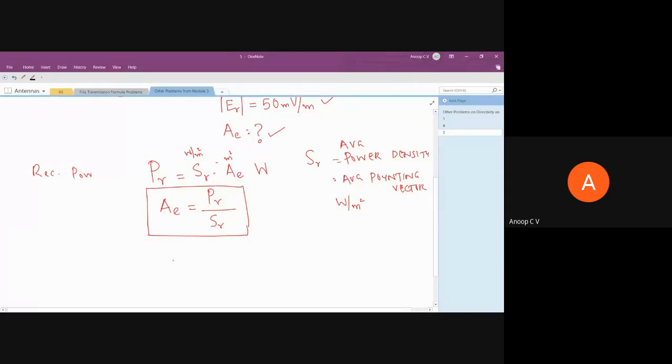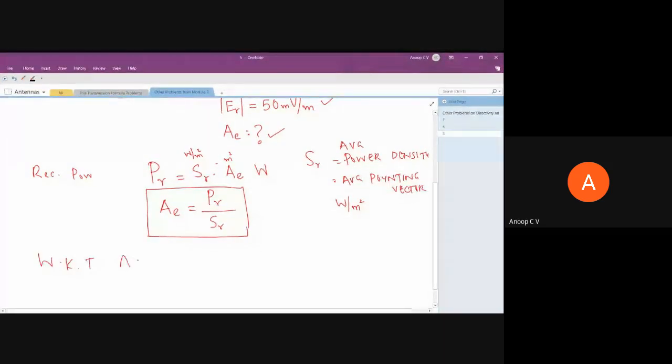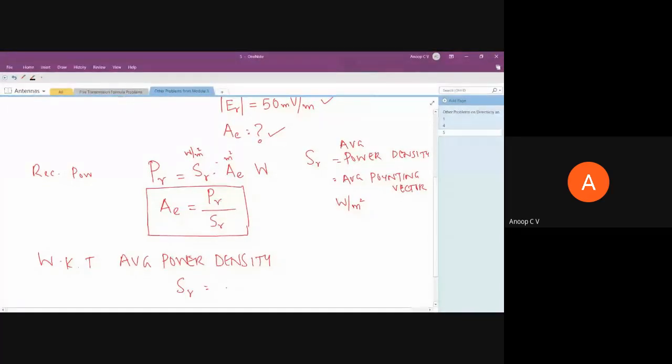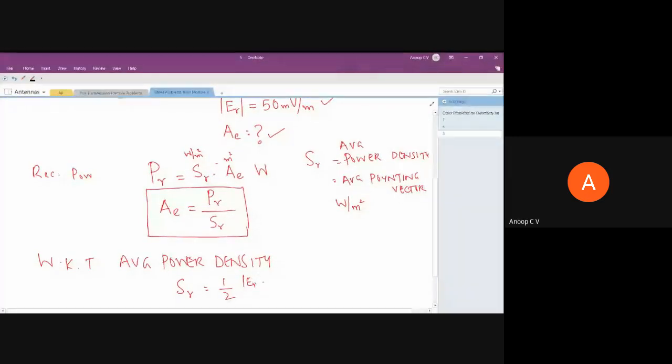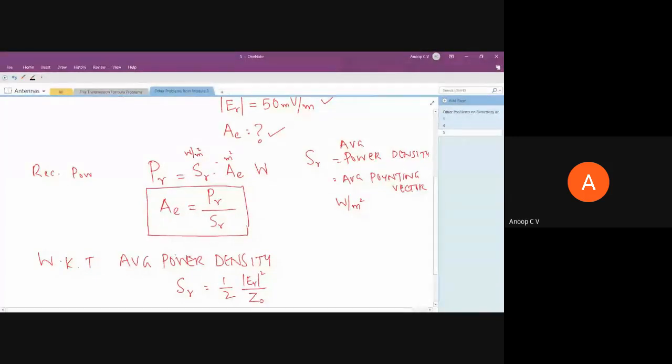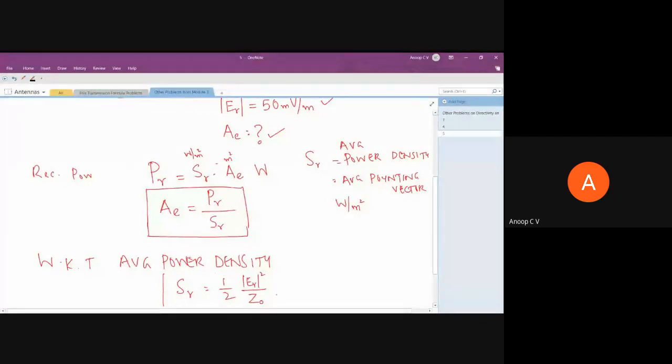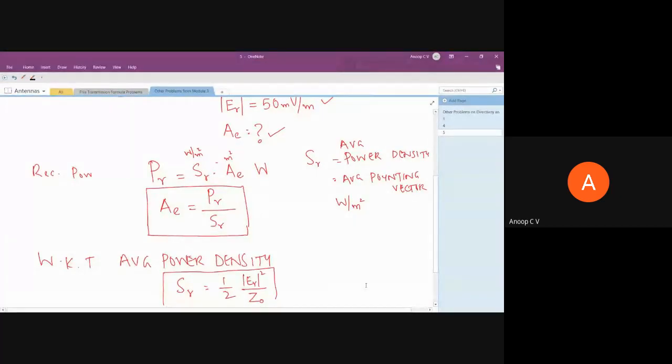We know the average power density SR is equal to half mod of ER square divided by Z naught.